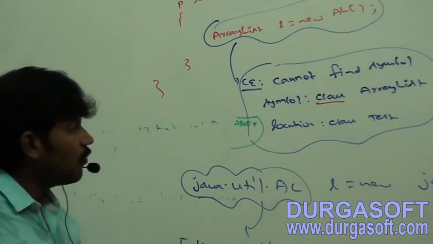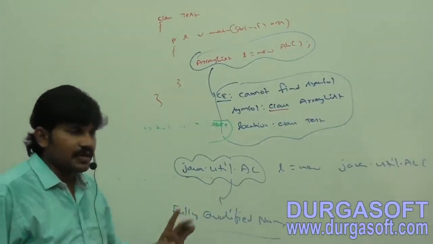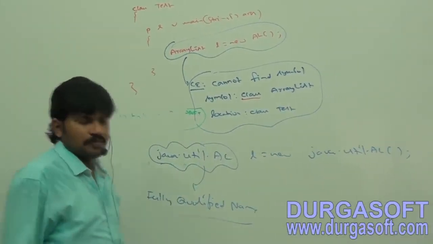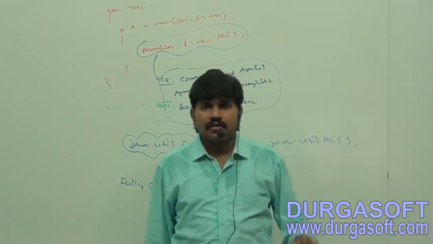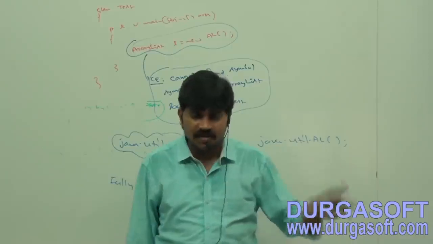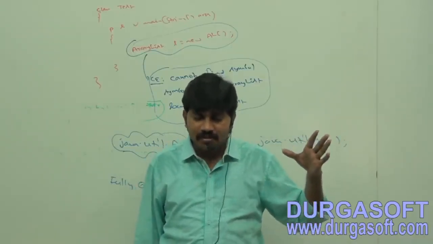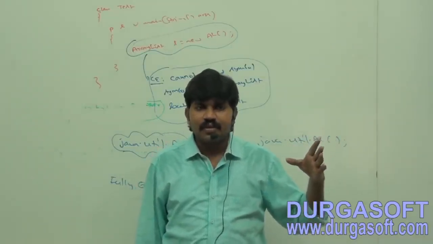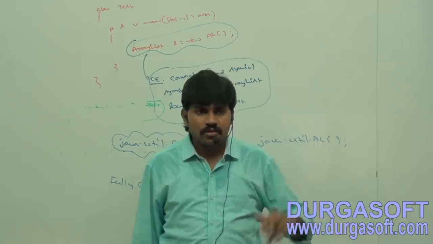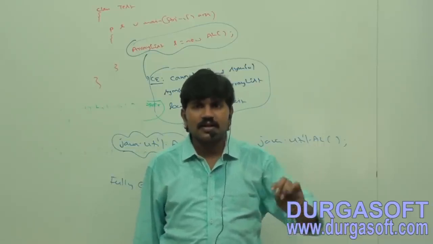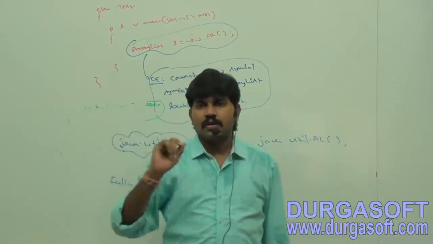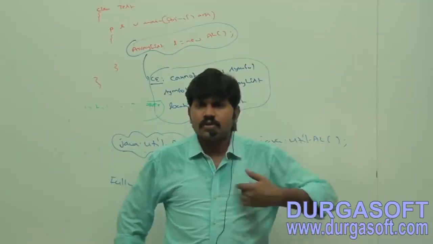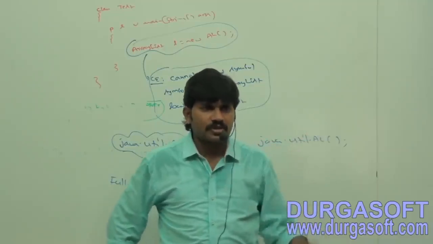But the problem with the fully qualified name every time is this. Suppose there is one person in our class named Vera Venkata Subramanya Varaprasada Nagasastri. Can you spell it out? Is there one student with that name? Now I want to talk with that person.